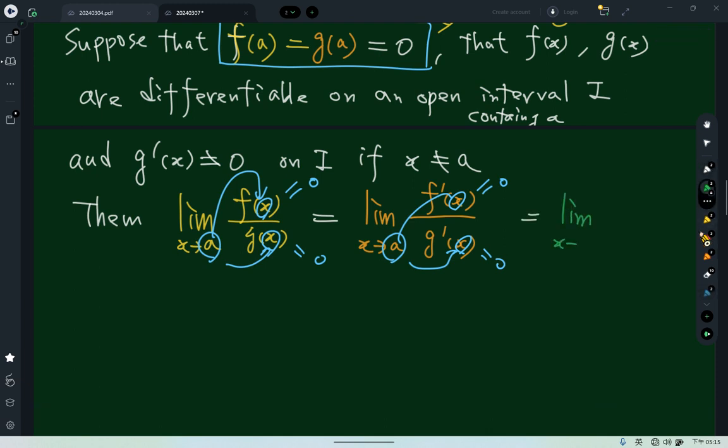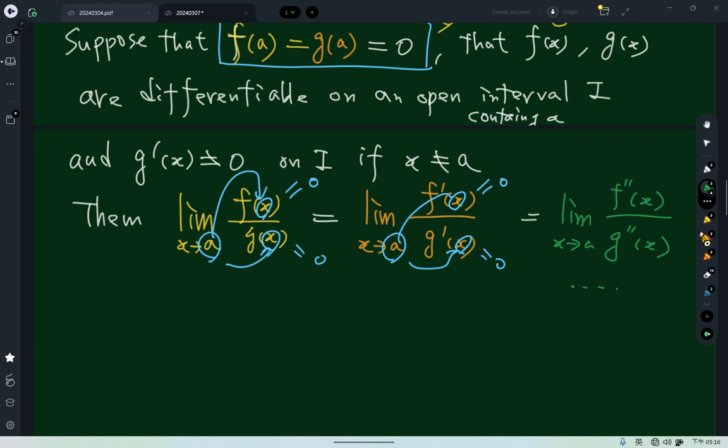You try the second-order differentiation, the second derivative of f of x over the second derivative of g of x. You can continue to do that until one of them is no longer zero. Then you can get the result.